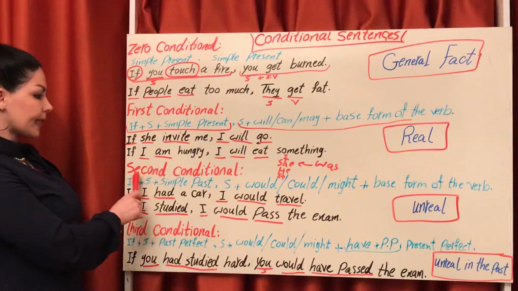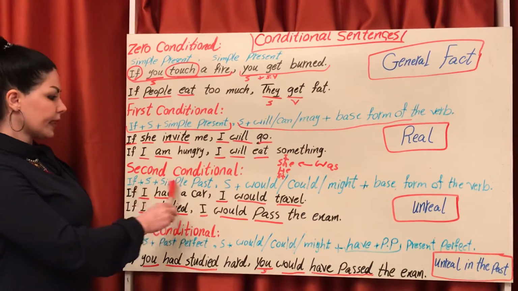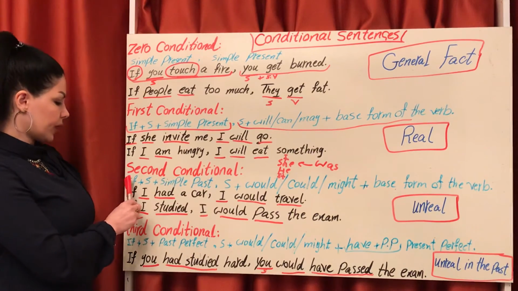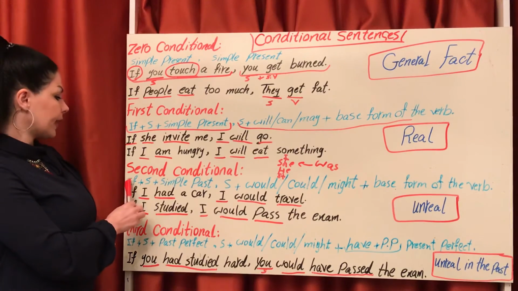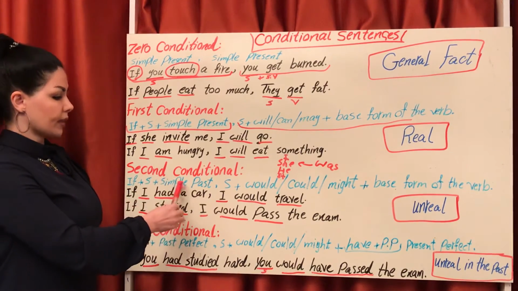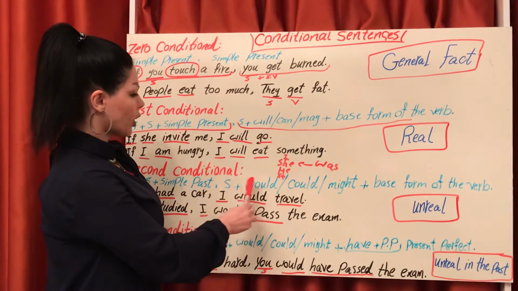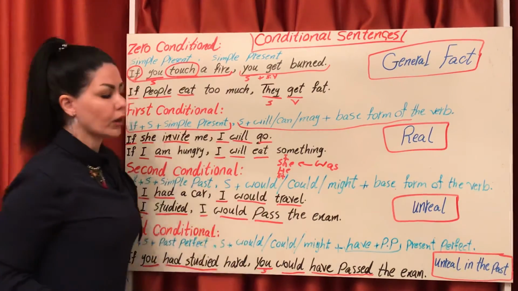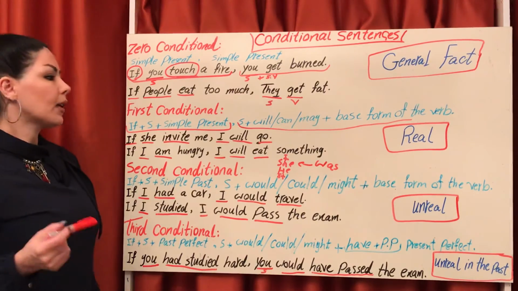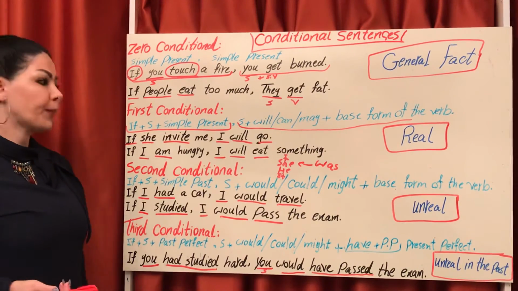Okay? Second conditional. For the if clause, we use if plus subject plus simple past. For the main clause, subject plus would or could or might plus base form of the verb.